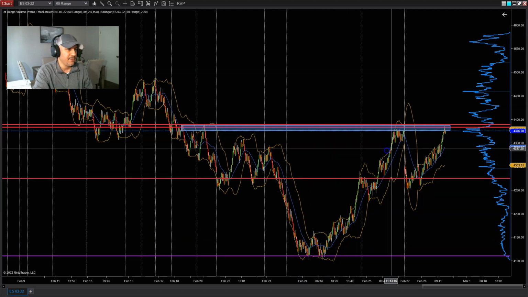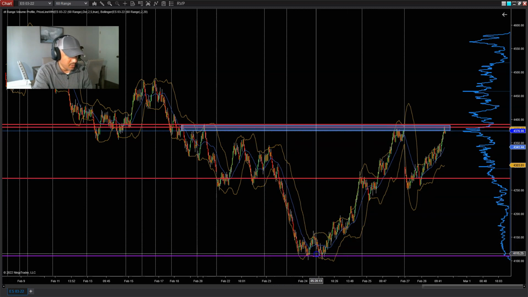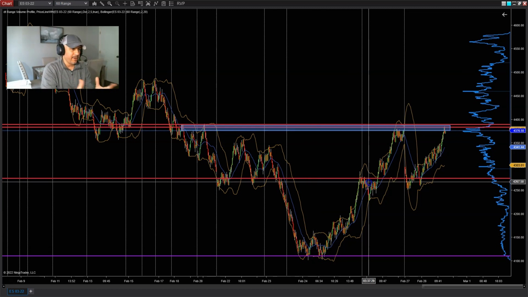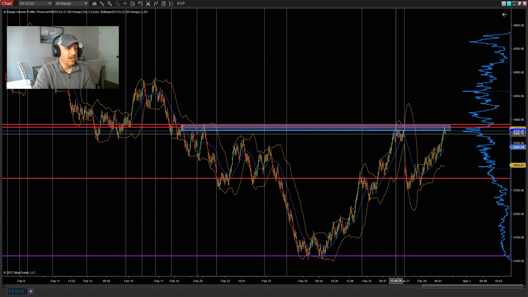After moving down, hitting some area of support, which I'm looking at as an area of demand, it starts pushing higher. So then my mind shifts from looking for sell entries to more so looking for long entries.